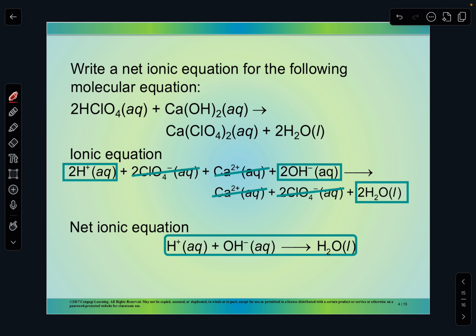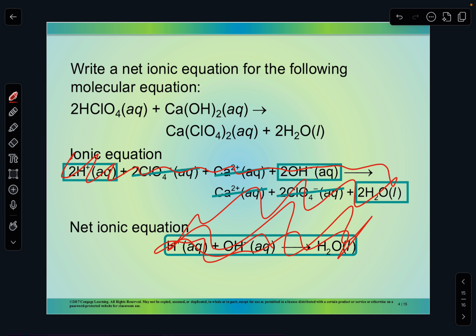So, I want you guys to go ahead and just give this a shot right here. Try to balance this on your own, just this, and then use the answer that's present to be able to see if you got it right at the end.